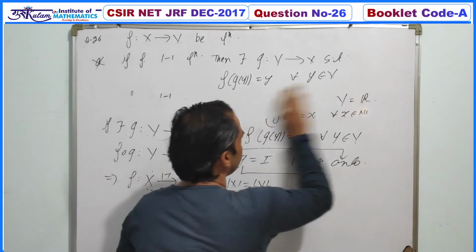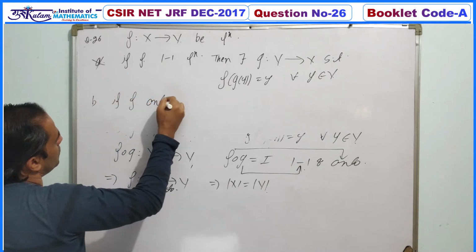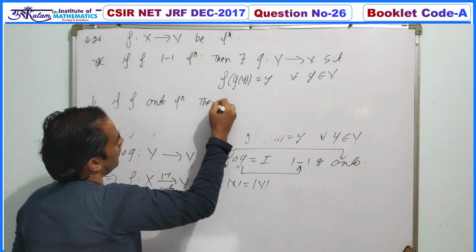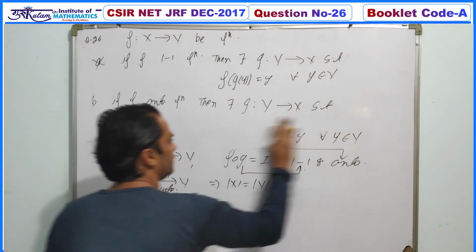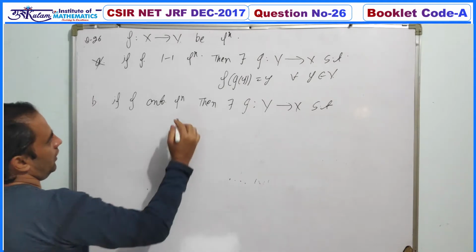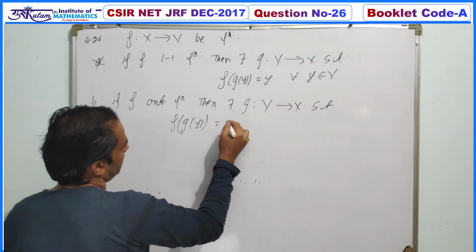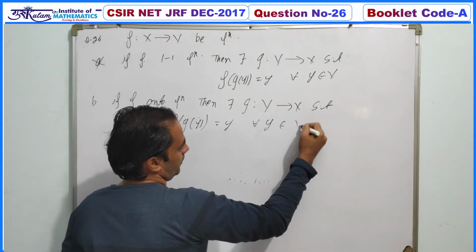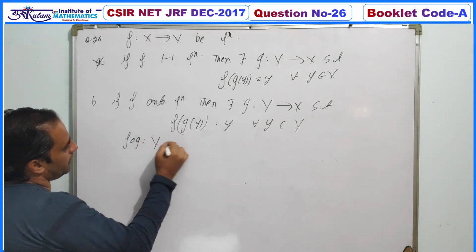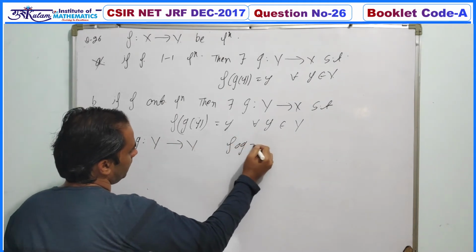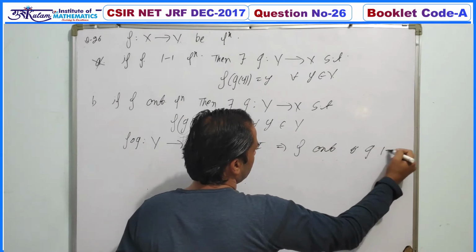Next, come to the second option. Your second option is: if f is onto, a surjective function, then there exists g from Y to X such that f of g of y is equal to y for every y belongs to capital Y. So again f∘g, which is defined from Y to Y, is an identity function, which implies f is onto and g is a one-one function.